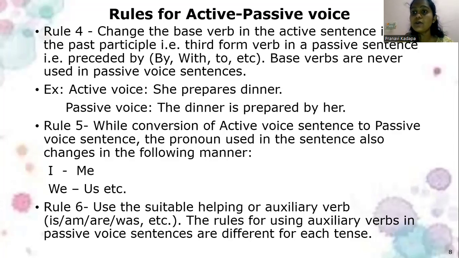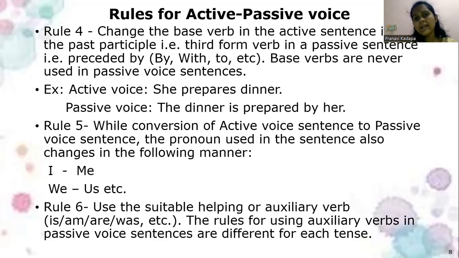Then we'll know how to write it in passive voice. Prepares is singular, so we use the verb is. If it is she prepared dinner, then it changes to the dinner was prepared by her.